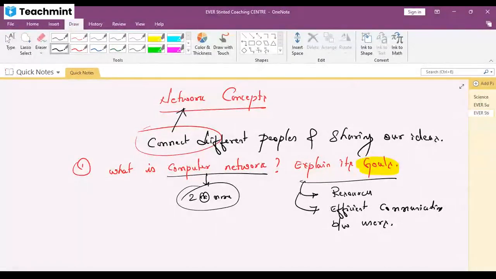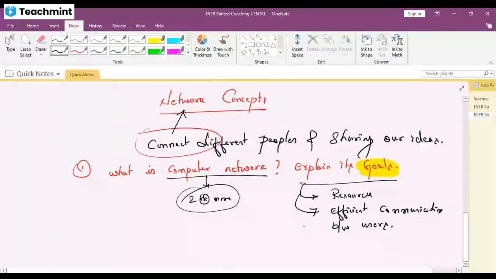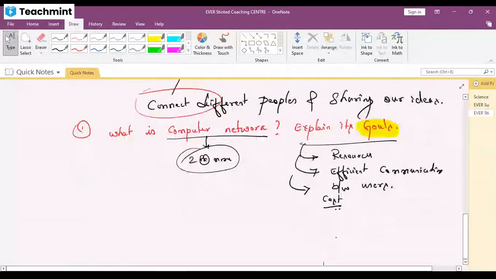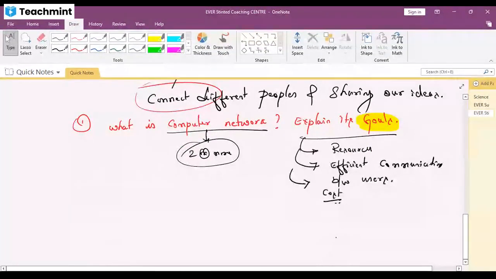First we want to share the resources, and we want proper communication maintained between the users, and the cost. Cost is a very important point here. The cost should be minimum, it means the cost should be less and the speed should be high.